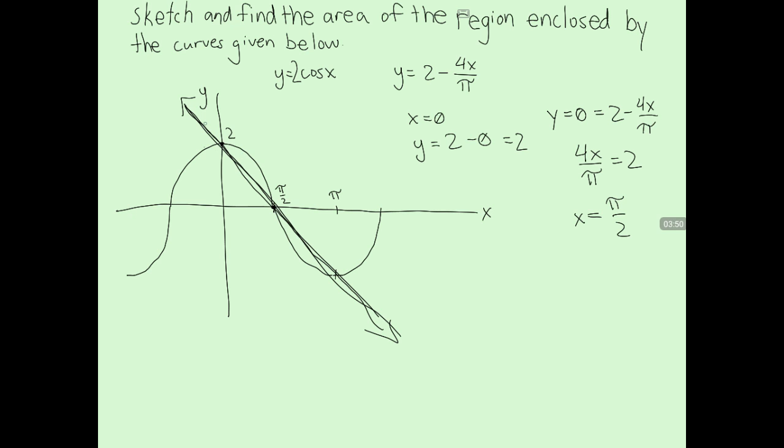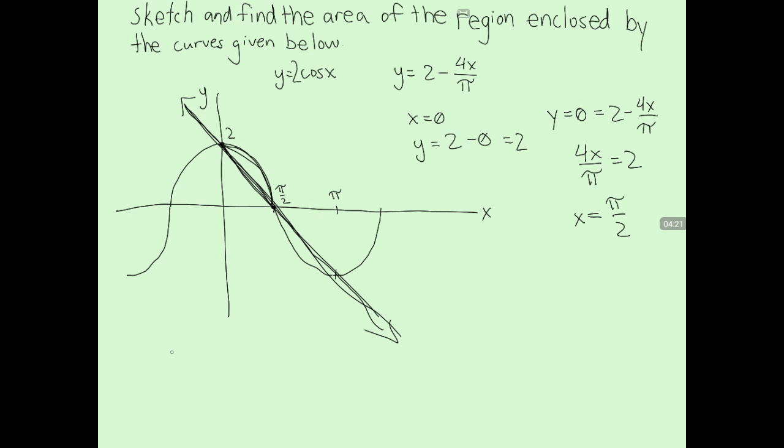And if you take the area of this region over here and multiply it by 2, you get the area bound by this line and this cos function. So instead of integrating this area and adding the integral of this area, we can just find this area over here and multiply it by 2. So let's do that. Let's set up our integral.